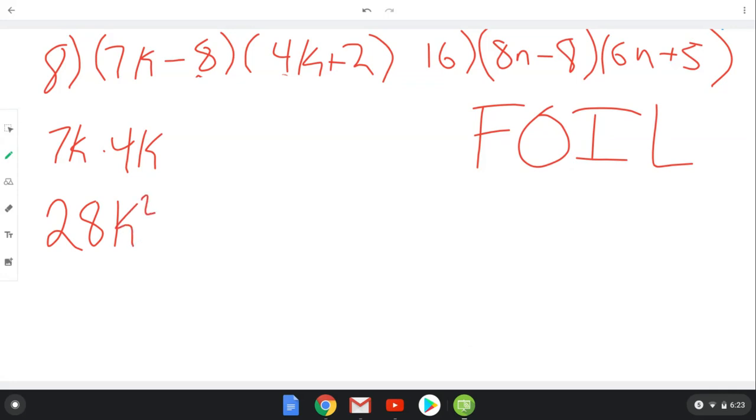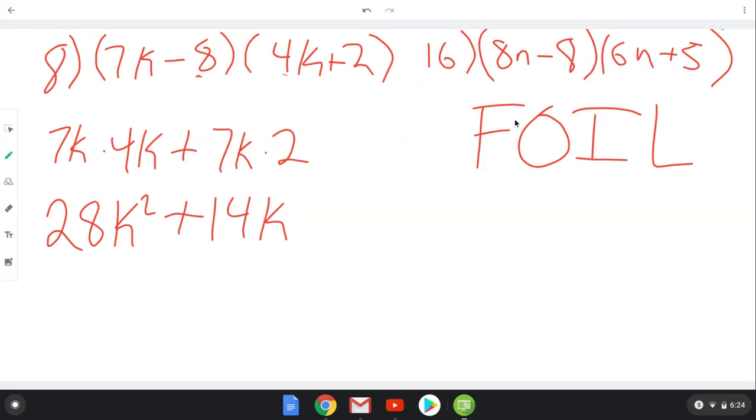Okay, so then our second term that we're going to get is outside times outside. So that's going to be plus 7k times 2. So 7 times 2 is 14. So that's plus 14. And then we just have 1k, so that's 14k.